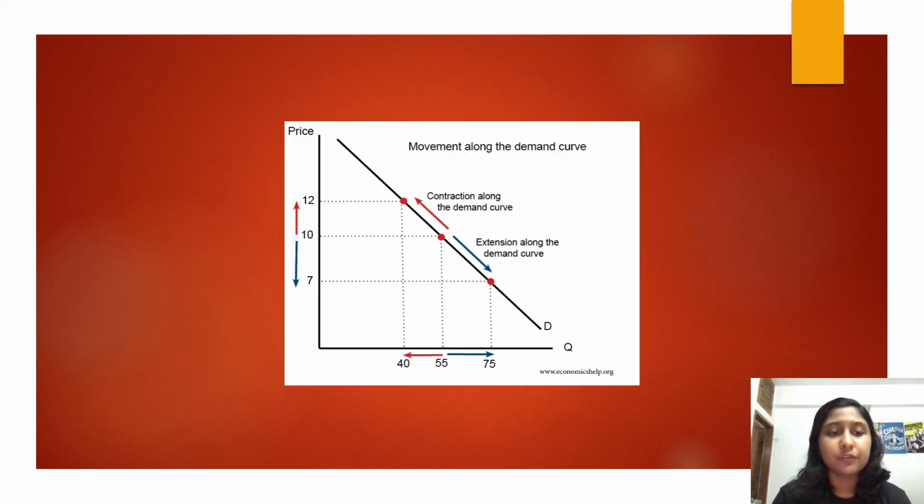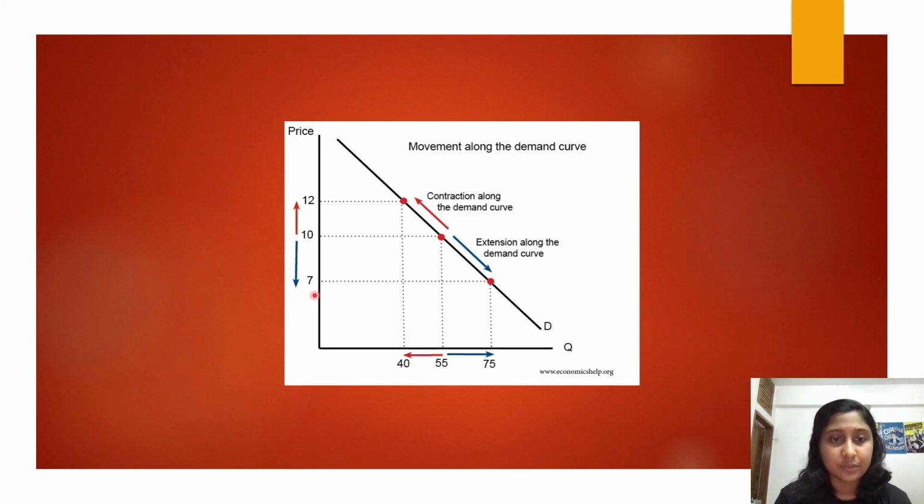To give you a more clear idea, here is a diagram. In this diagram, you can see the red arrows are pointing towards contraction in demand and the blue arrows are pointing towards extension in demand. What happens in extension in demand? If they lower the price, as you can see here, the price decreases from $10 to $7, and thus the quantity demanded increases from 55 to 75.